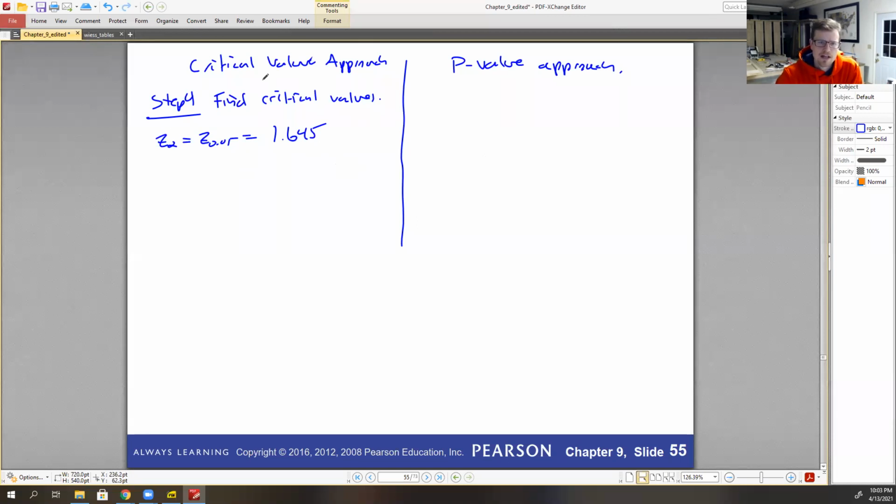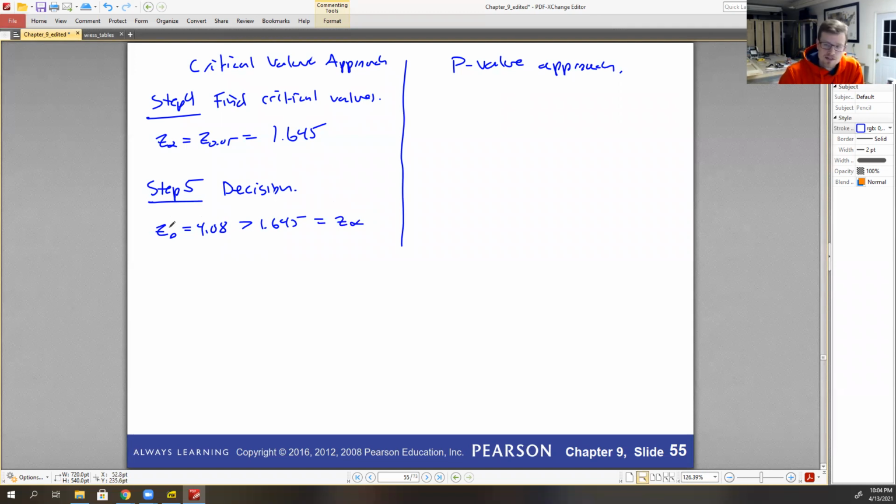Okay, so we have step 4 for the p-value approach, and then step 5 for the critical value approach. Step 5 for the critical value approach is to make the decision. Of course, that's the same step for the p-value approach, but we make our decision a little bit differently. In this case, we compare our test statistic to the critical value. And what we're going to find is that Z naught is equal to 4.08, which is greater than 1.645, which is Z sub alpha.